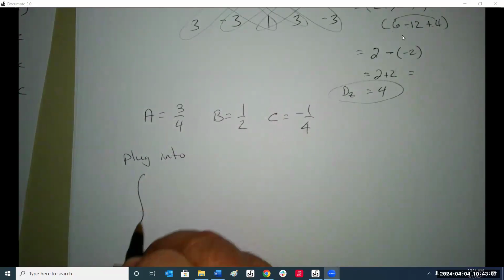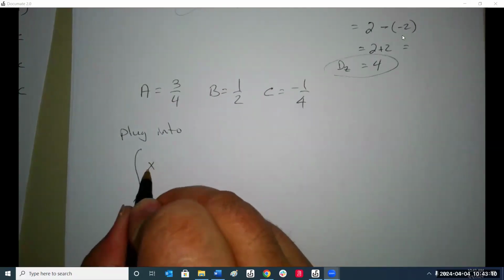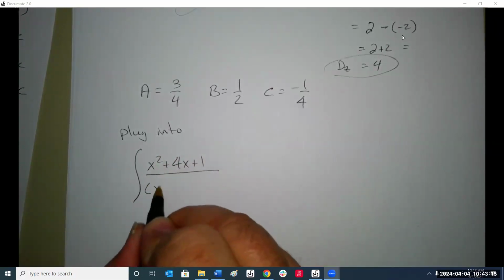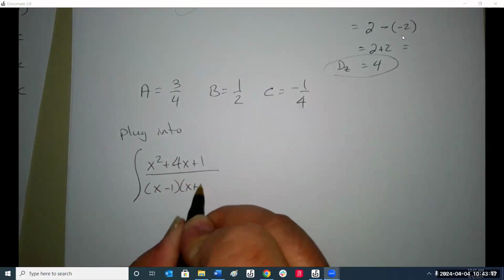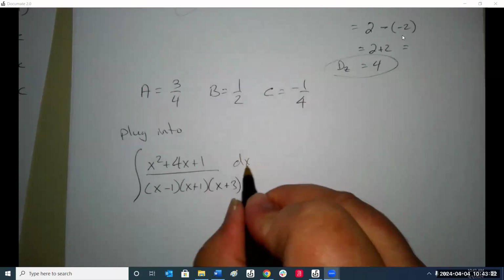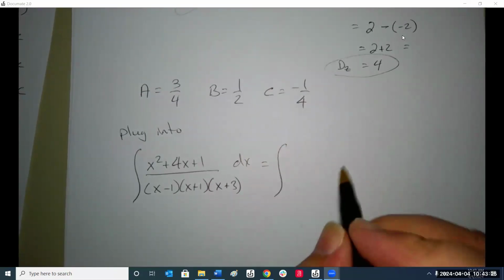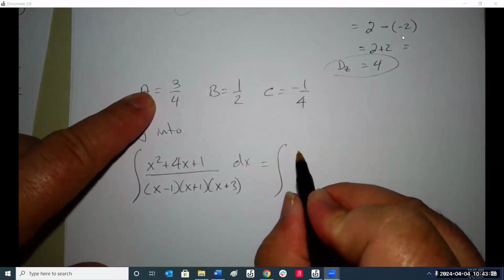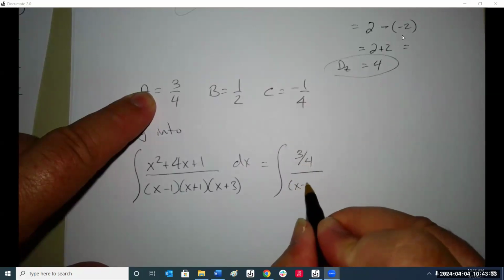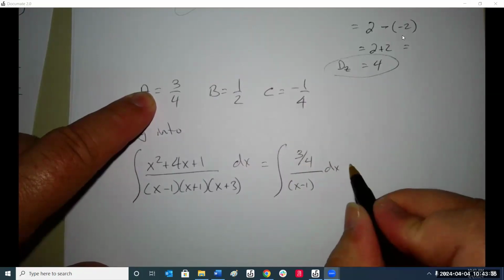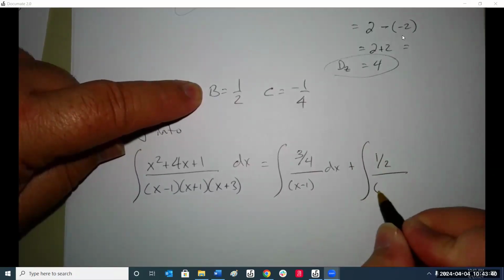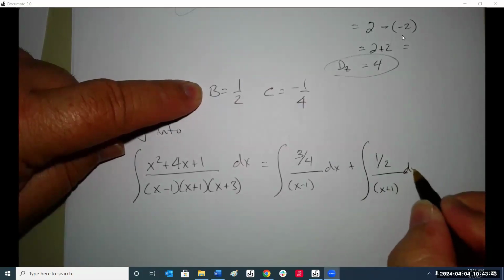So I have the integral of x squared plus 4x plus 1 over x minus 1, x plus 1, x plus 3 dx equals A is 3/4 over x minus 1, B is 1/2 over x plus 1 dx.